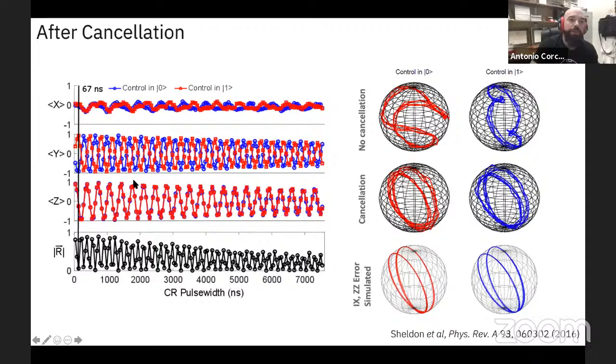If we see here the evolution of the target qubit on the Bloch sphere, we can see that with the cancellation it is smoother, and we can make the gate much better by canceling that IY that is not in the Hamiltonian we are interested in. And this paper actually shows the first 99+% two-qubit gate that we demonstrated a few years ago.